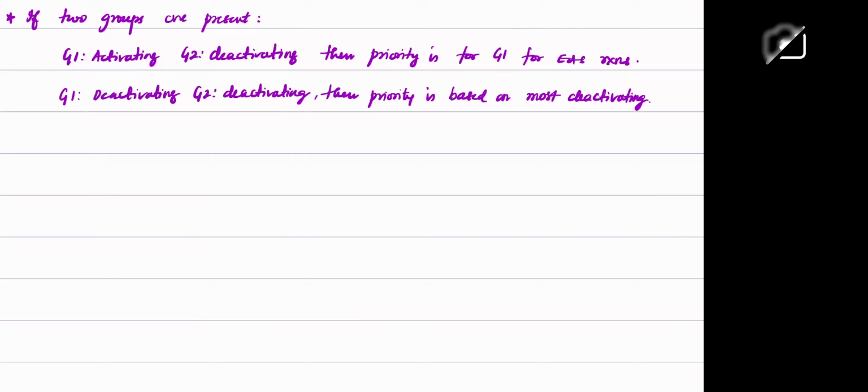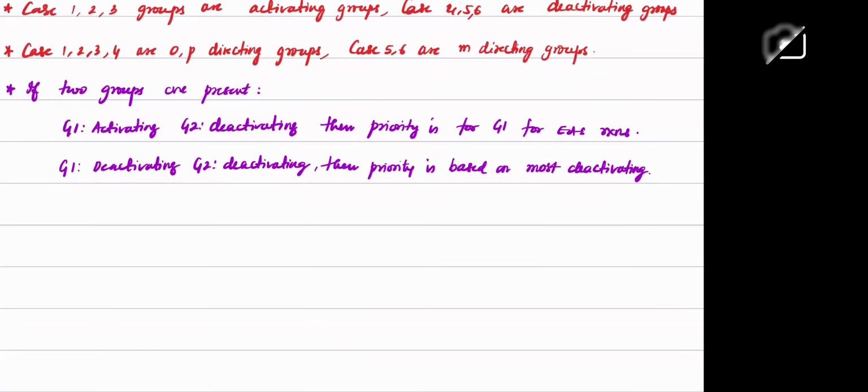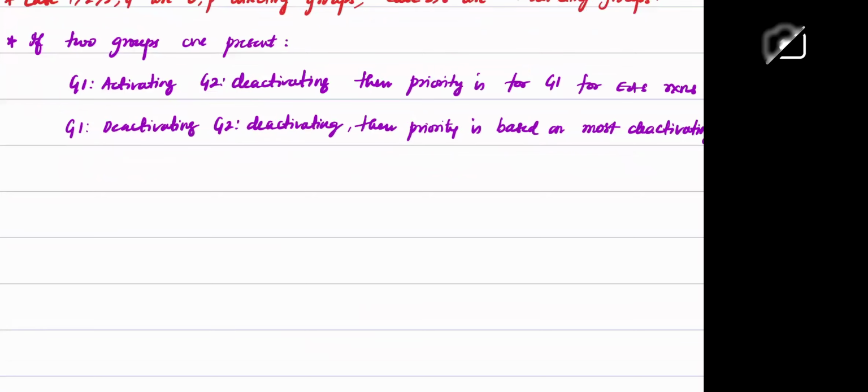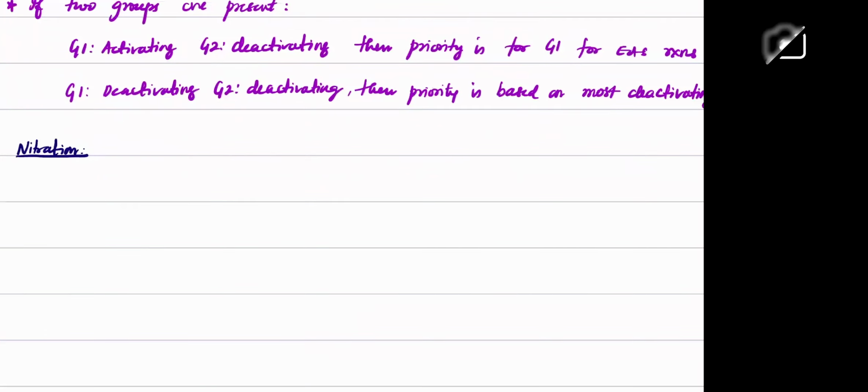Now let's see what are the types of reactions we will come across. In EAS we will come across first nitration. For nitration, the reagent that we use is called the nitrating mixture, the mixture which produces NO2+. That includes first, HNO3 plus concentrated H2SO4.